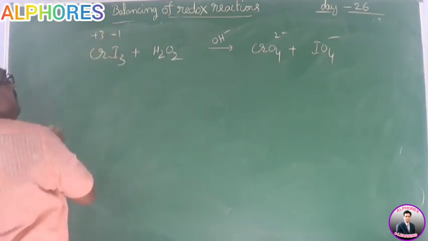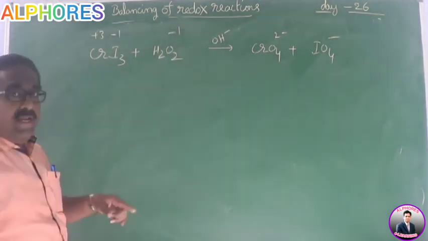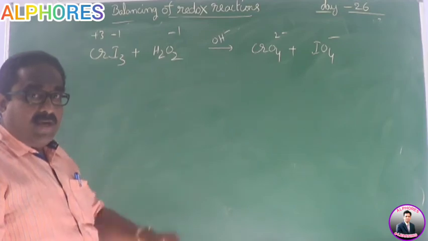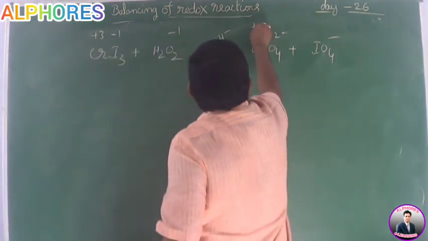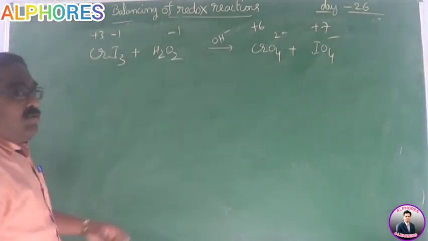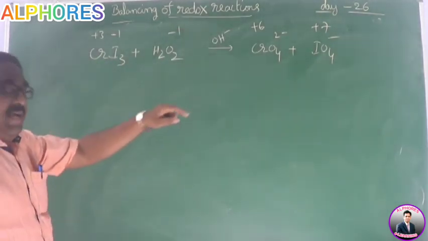Chromium plus 3, iodine minus 1, peroxide, we know oxygen is minus 1. We have discussed peroxide in one session. This is plus 6, whereas this is plus 7. Here again 2 species are oxidizing.